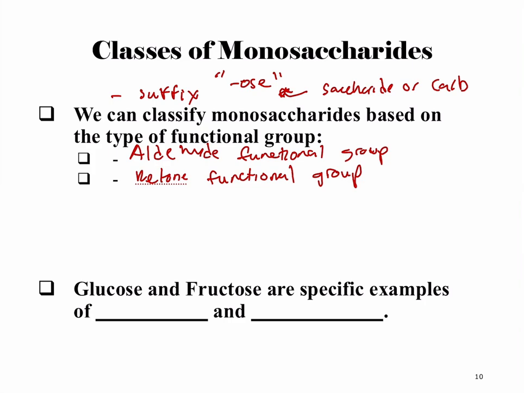Aldehyde functional groups are called aldoses. Ketone functional groups are called ketoses.